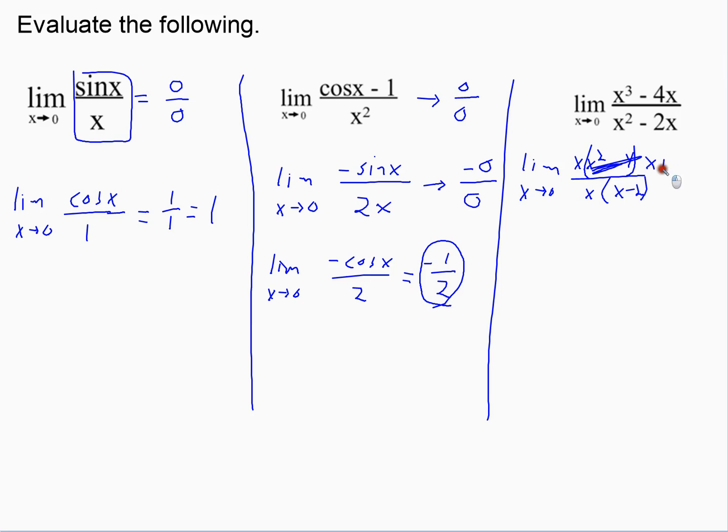That's x plus 2 times x minus 2. And we can simplify a bunch of this. The x's cancel. X minus 2 cancels with x minus 2. And now we can actually apply this limit with no problems. We can put 0 in for x. There's just this x plus 2, and our answer is 2. So don't forget our old stuff that we learned, simplifying fractions, and not some of the other stuff.